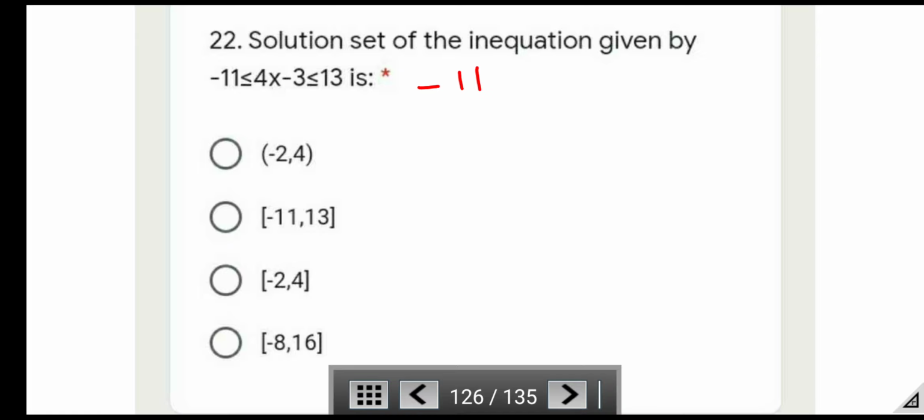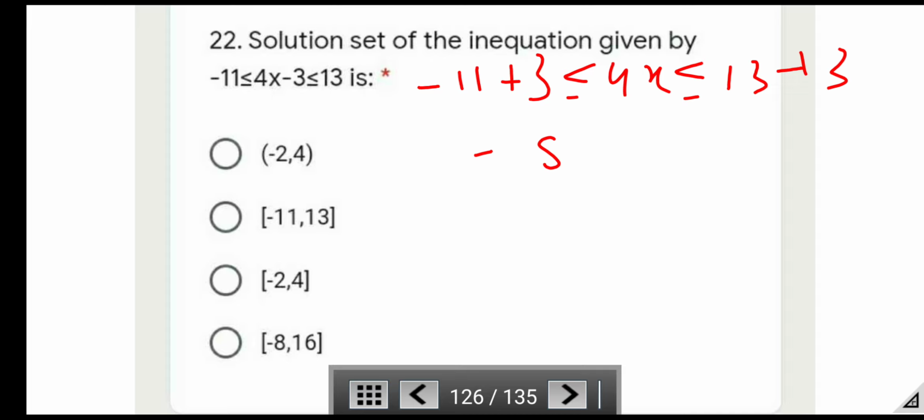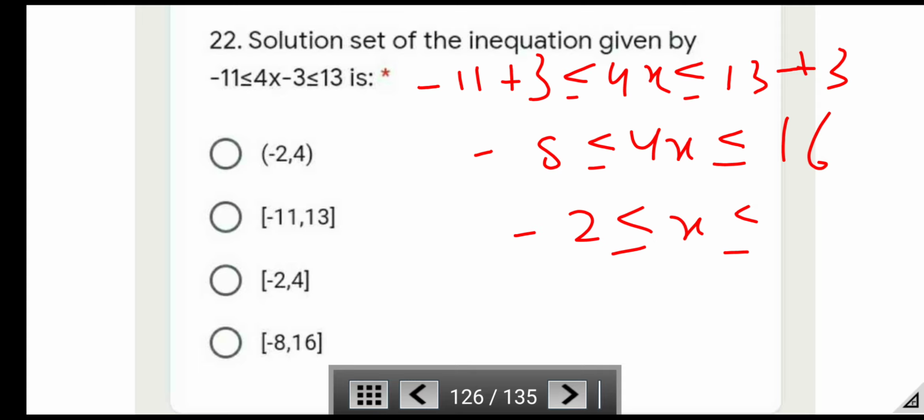First of all, add 3: minus 11 plus 3 less than or equal to 4x less than or equal to 13 plus 3, we get minus 8 less than or equal to 4x less than or equal to 16. Now divide by 4, we get minus 2 less than or equal to x less than or equal to 4. So the interval for this inequality is minus 2 to 4, closed interval.